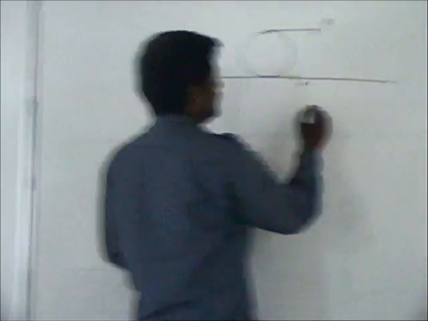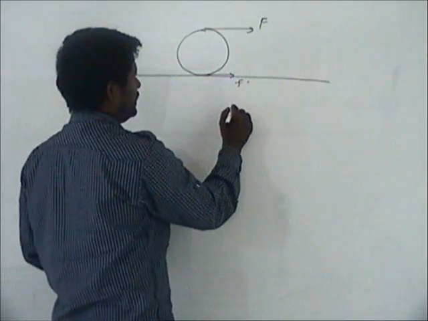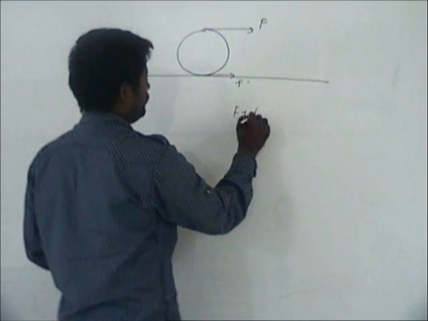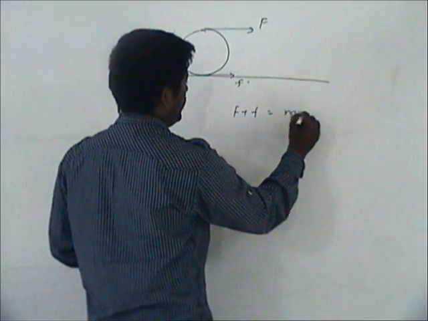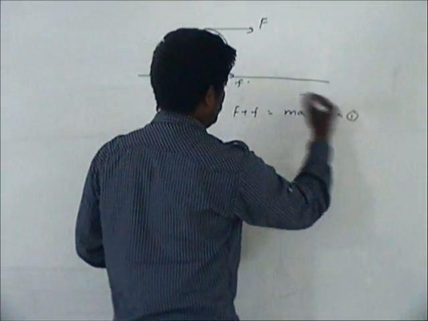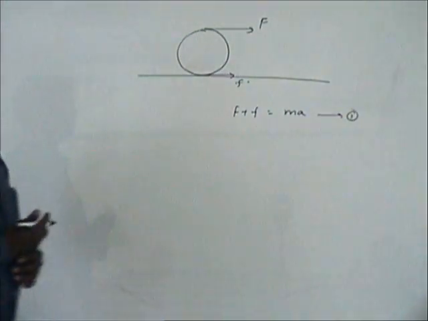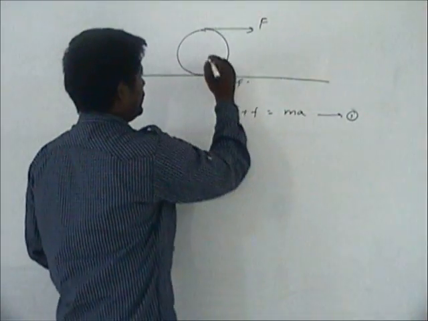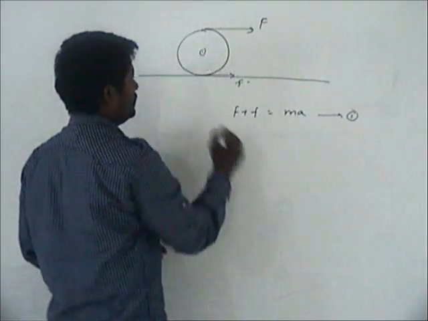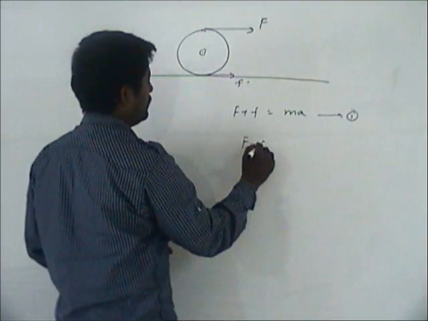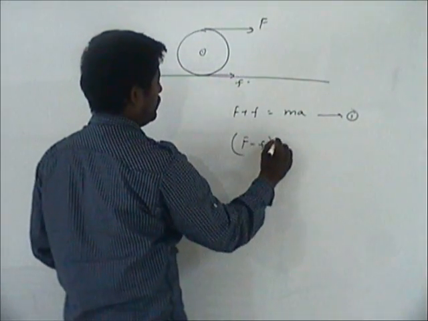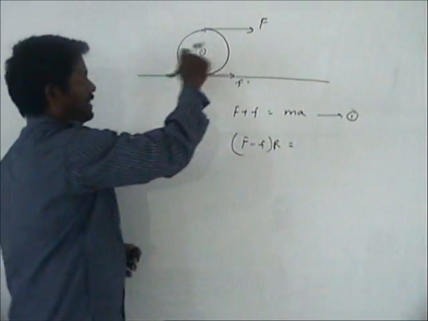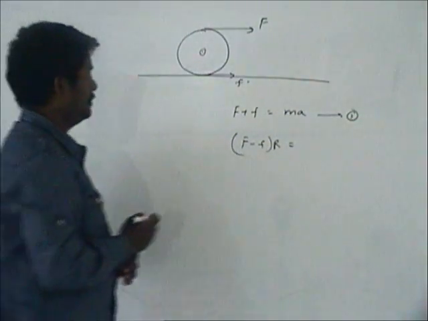So we can write the linear equation. The linear equation is F plus f equal to ma, that's the first equation. The force in the forward direction, F plus f equal to ma. And the torque acting about the center of mass is (F minus f) into R, that is the clockwise and anti-clockwise torque resultant.